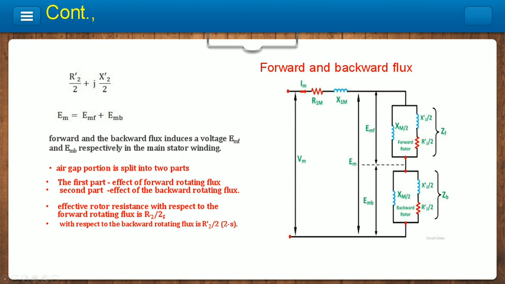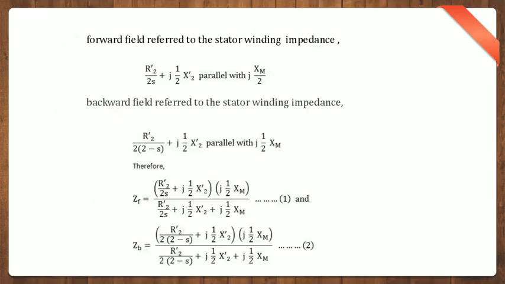While a single phase supply is given to the stator winding, two equal and opposite fluxes rotate, and they have equal strength. So the magnetizing reactance is divided into two equal parts, XM by 2 and XM by 2. The rotor parameters are also divided into two parts.